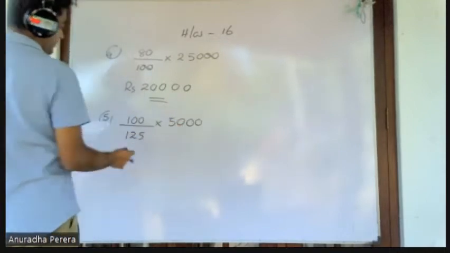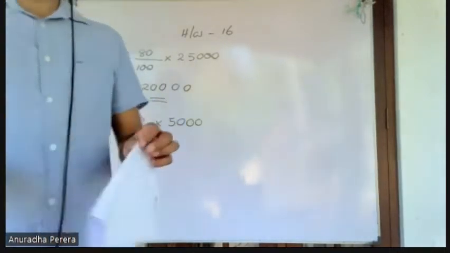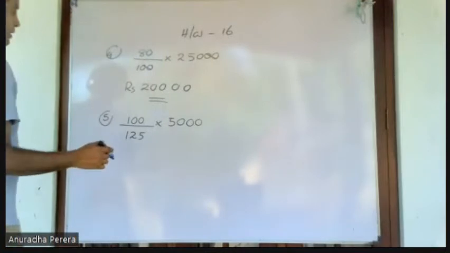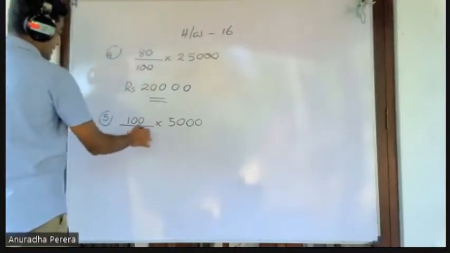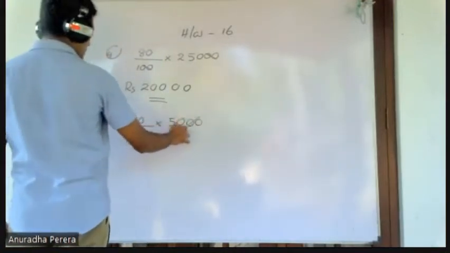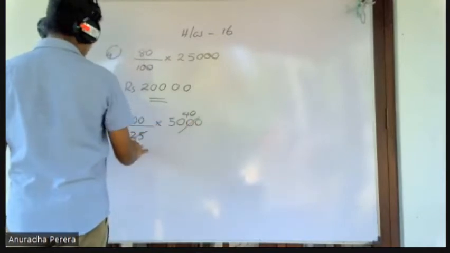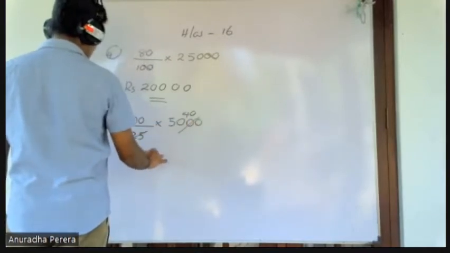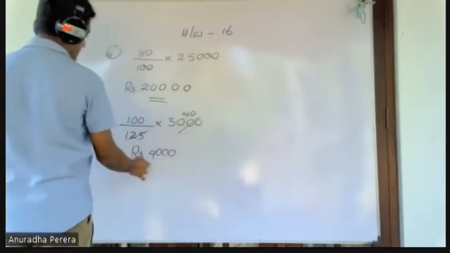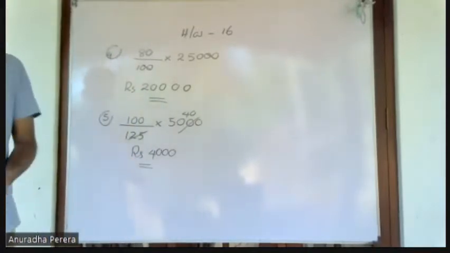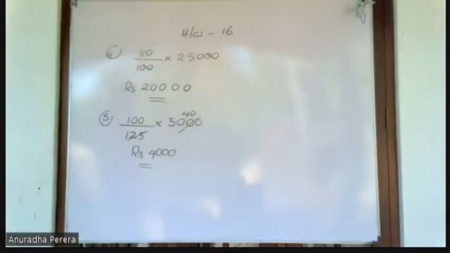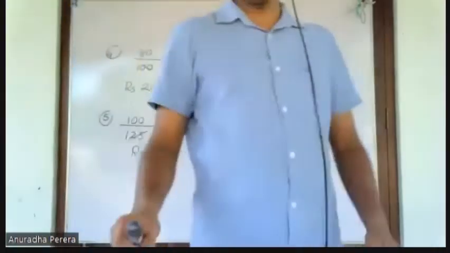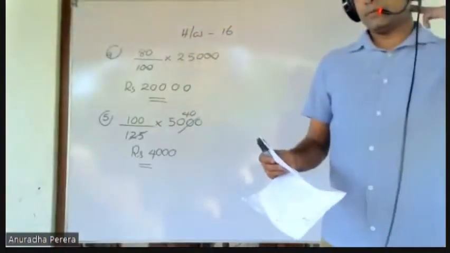This gives the purchase price or the buying price. Simplify by 125, 40 into 100, the answer is 4,000. 4,000 rupees.